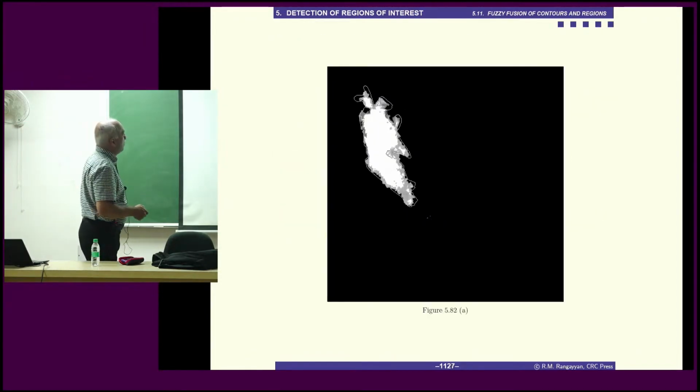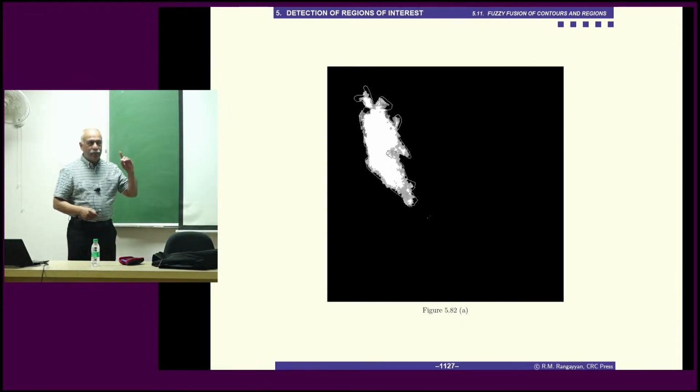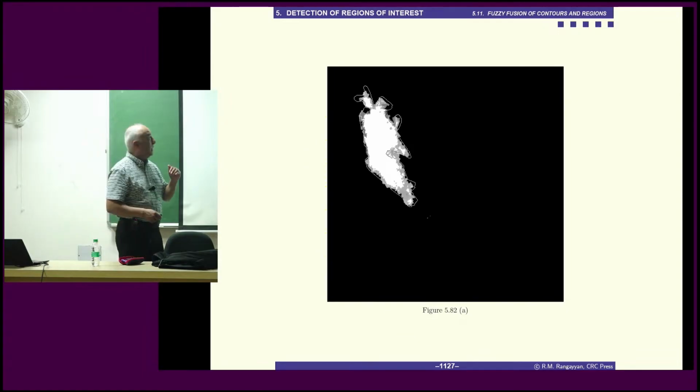So we had the contour. The contour drawn by the radiologist is shown for reference here. I showed the contour obtained by segmentation earlier and the region. When you combine them, you get this. And if you were to compare with the previous picture, you see that the fuzzy membership computed by fusion, which is shown here in different levels of gray, is having a high value of membership inside the contour given by the radiologist.